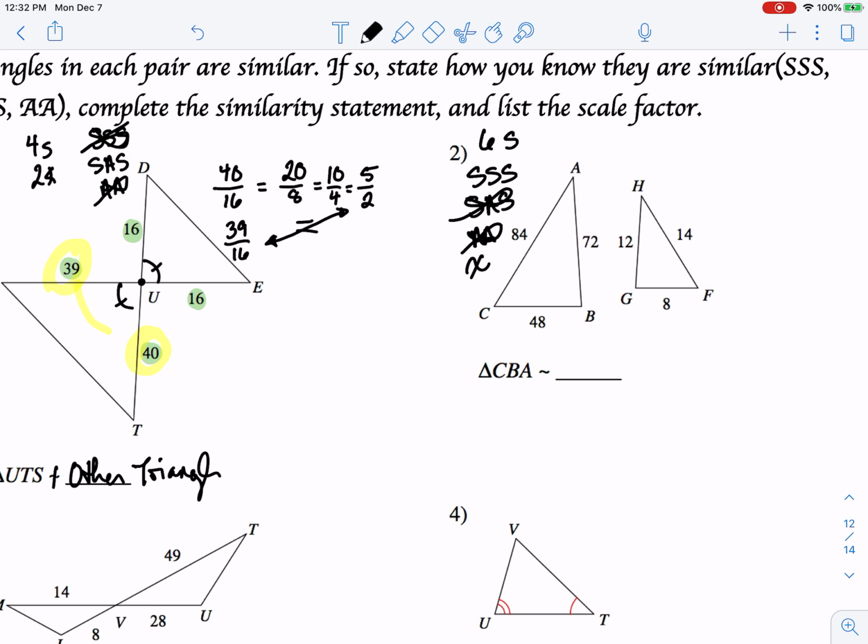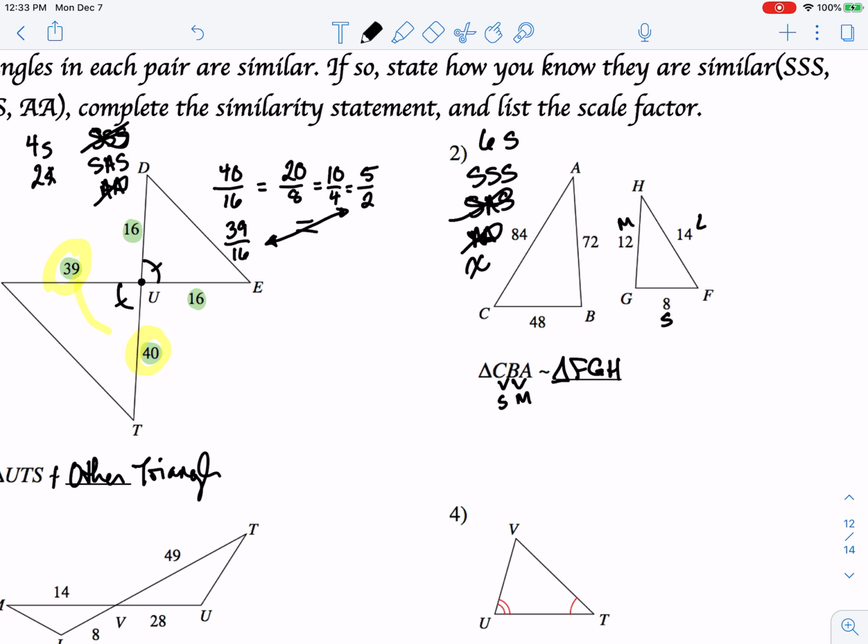So if it's anything, it must be side, side, side. C to B is the short side. B to A is the medium. So it's got to be short to medium. So 8 is my short side, to my medium, to my large: F to G to H.